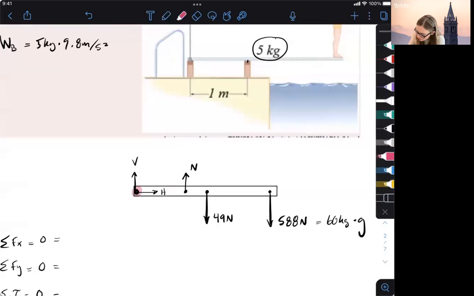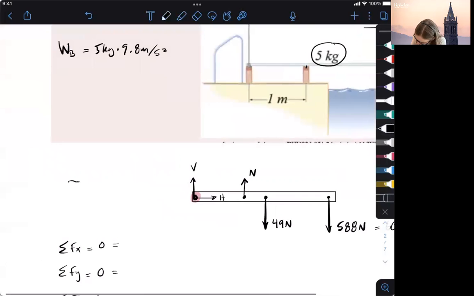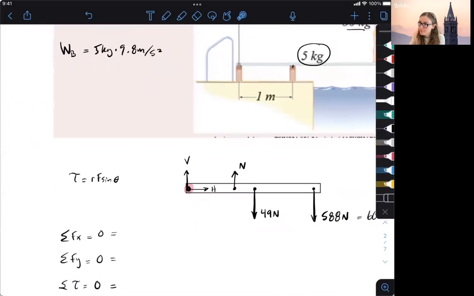So we have 2 unknown forces at this point. We have no idea what they are. If we take this to be our rotation point, these forces are not going to contribute any torque, because torque is equal to R F sine of theta. We need some radial distance away from a rotation point to cause torque. So if we take it at this point, we can ignore those 2 forces. It's just kind of a trick, basically.